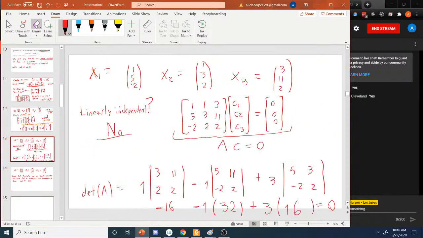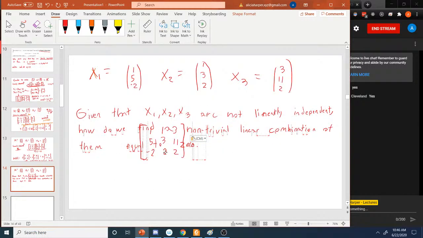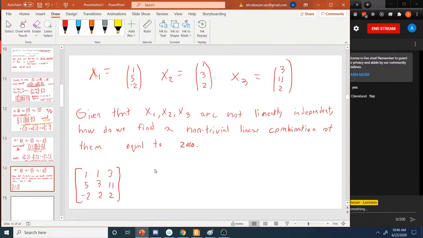Well, what we can do is use techniques that we learned in the first week of class, namely row reduction. So if I take this matrix right here, this is really all I need. Note that applying row operations corresponds to multiplying by elementary matrices on the right.